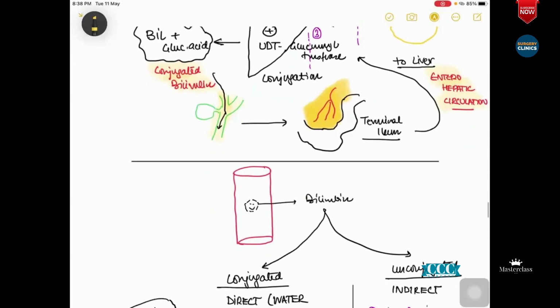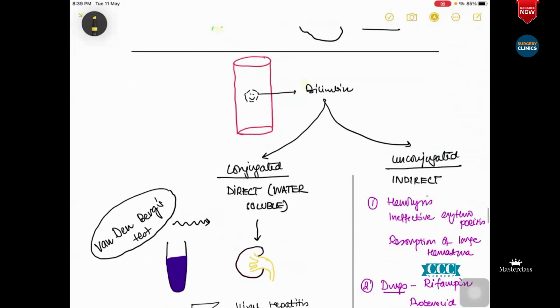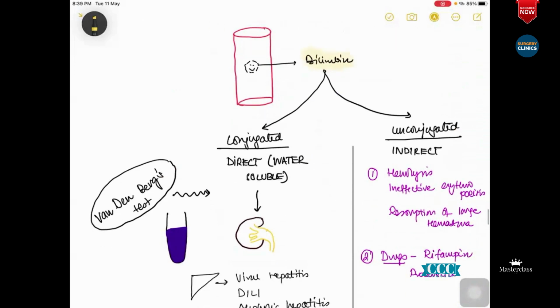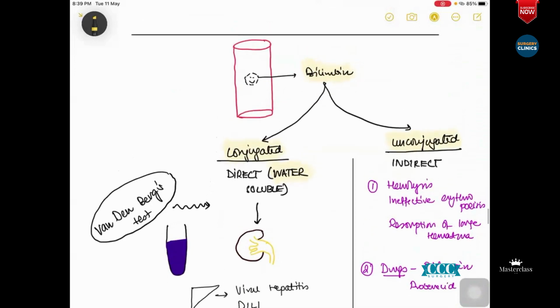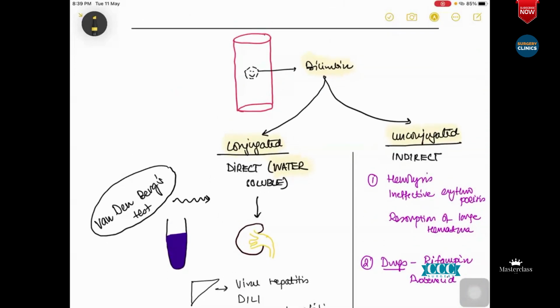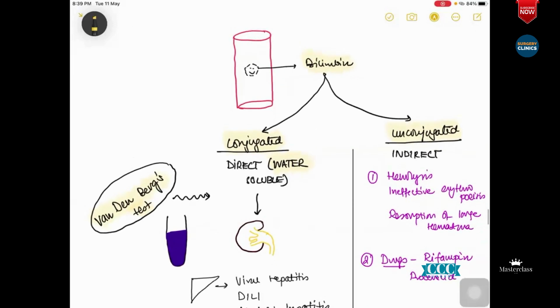So at any time, if you measure the serum bilirubin, you can have a conjugated or direct bilirubin, which is water soluble and gets excreted in the kidneys. And you can have unconjugated bilirubin, your indirect bilirubin, which is not water soluble. If you remember your biochemistry classes, you did something called the Van den Bergh test, where you add sulfanilic acid to a sample containing bilirubin.